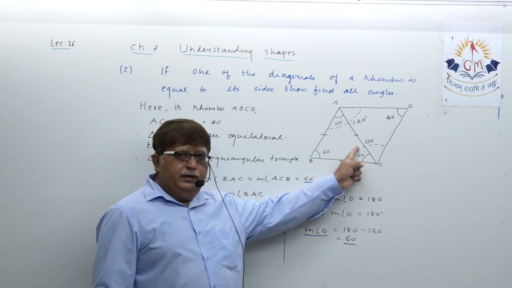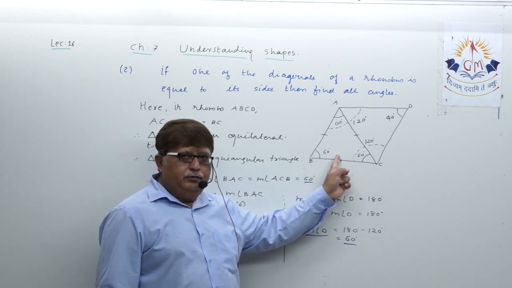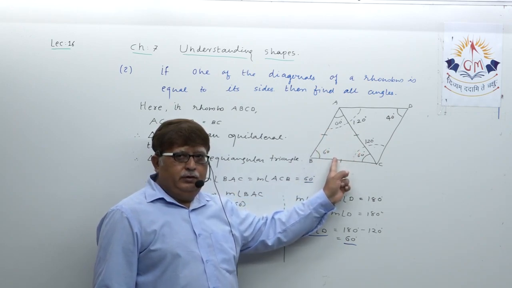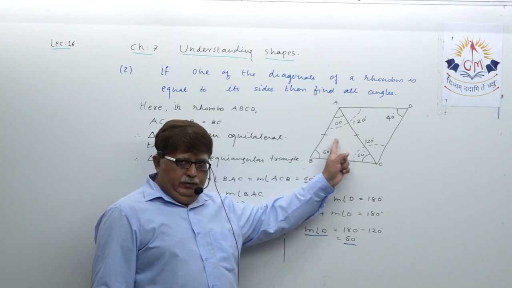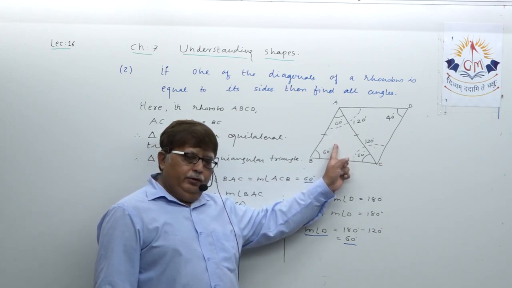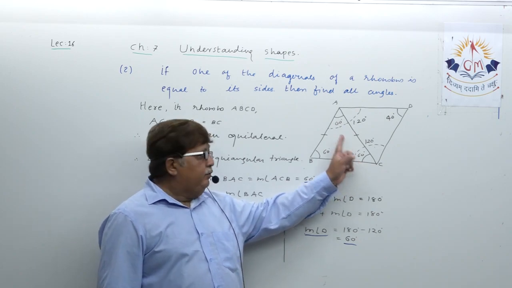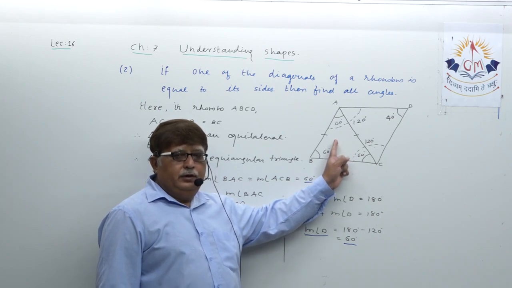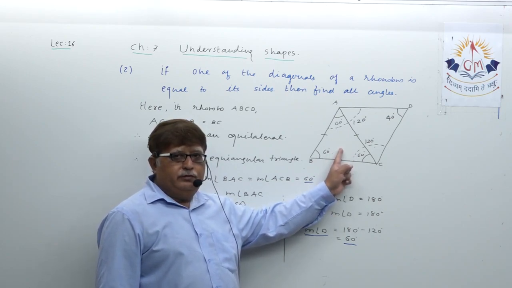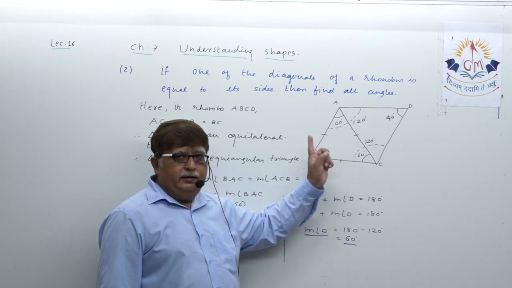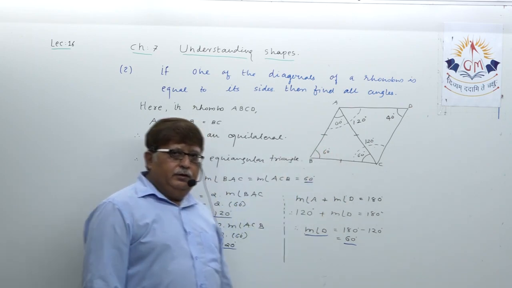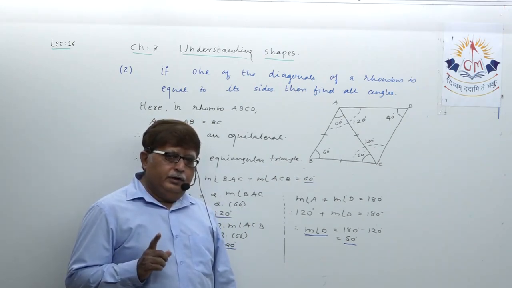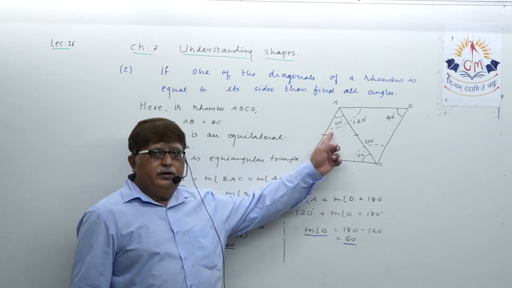One of the diagonals is equal to the side, so we mention AC, AB and BC equal, which turns out to be triangle ABC as an equilateral triangle. Now when you say that triangle ABC is an equilateral triangle, that means triangle ABC is an equiangular triangle which has all angles equal.